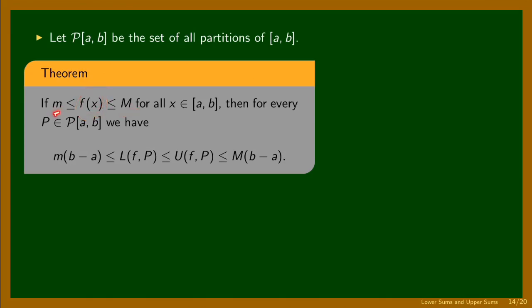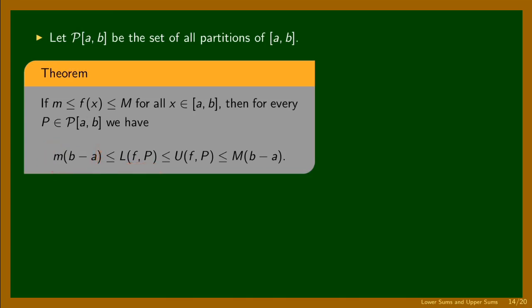So let m represent a lower bound and big M represents an upper bound. Then for any partition P that you can make from a to b, this number m times (b minus a) is always a lower bound for all the lower sums.